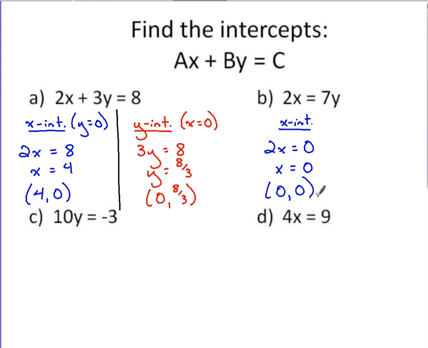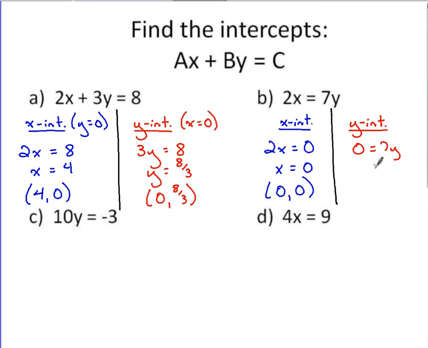Now let's go ahead and go through the steps of finding the y-intercept, but hopefully you already know what the y-intercept is. Reviewing those steps to find the y-intercept, we would let x equal 0. If we let x equal 0 up here in our equation, that x term drops out, giving me 0 right here. 0 equals 7y.